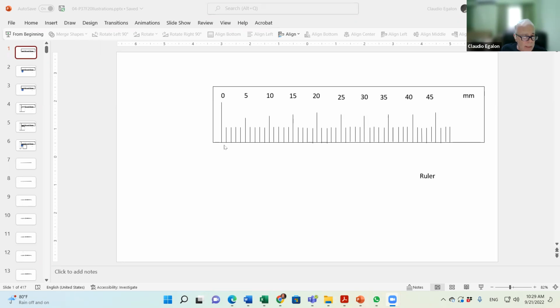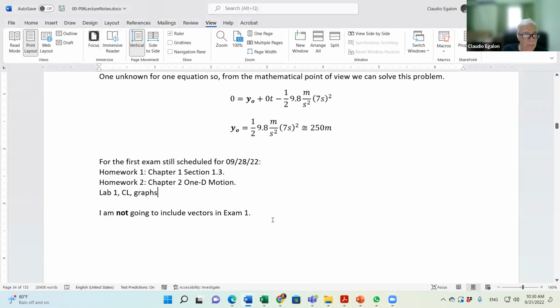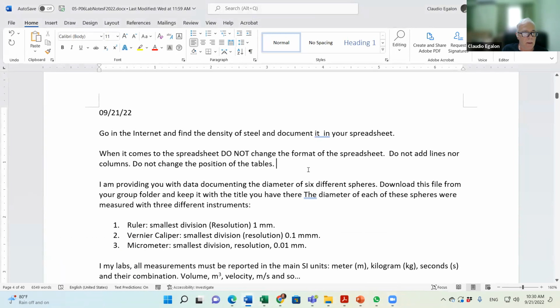You have to know that the ruler has this smallest division here. The smallest division of an instrument is called the resolution of the instrument. Let's write it down: the smallest division of an instrument is called resolution.